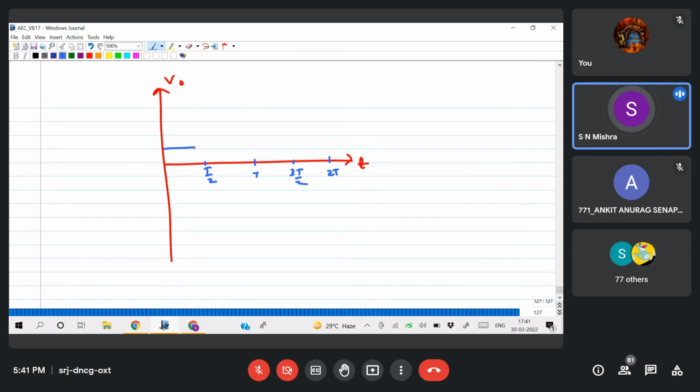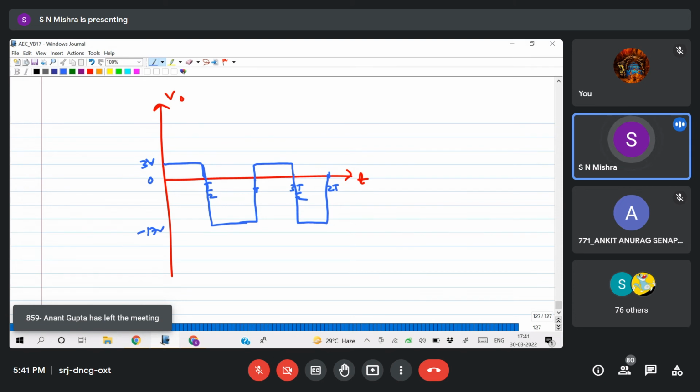So I am getting 3 volt when Vi is greater than 3. Then minus 17. Then again 3. Again minus 17. So this is minus 17, this is 3 volt, this is 0. So this is your output.